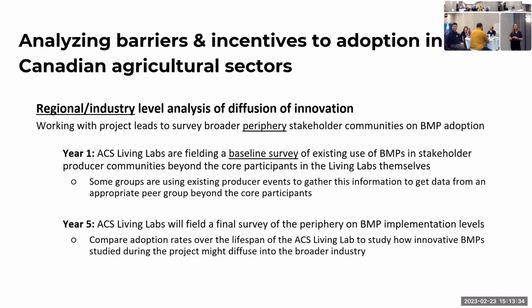And the idea here is in year one to do a baseline survey that's looking at the level of adoption of the BMPs that are being studied in the living labs, to see how many producers know about these, how many producers are already using them. And then again, in year 5, to do a follow-up survey using the same survey and same methodology to see if more farmers have now adopted these BMPs. And this is just a simple way to assess the effectiveness of the Living Labs program.